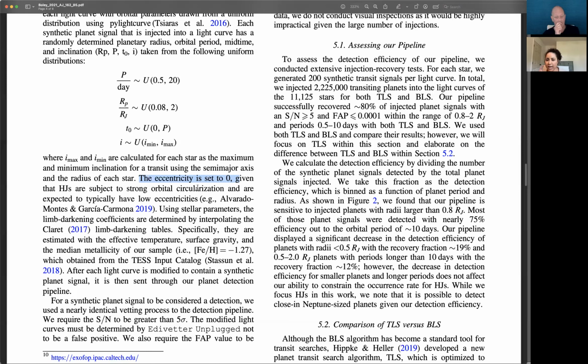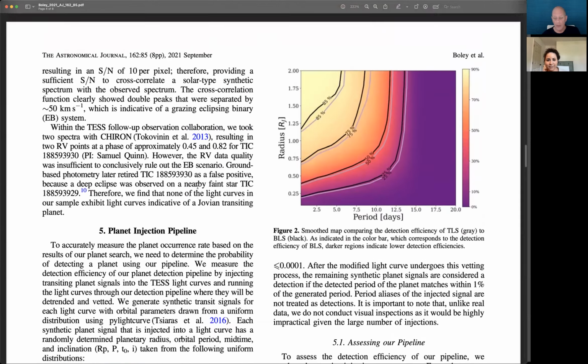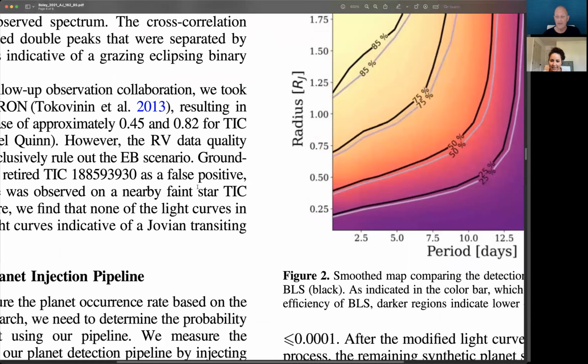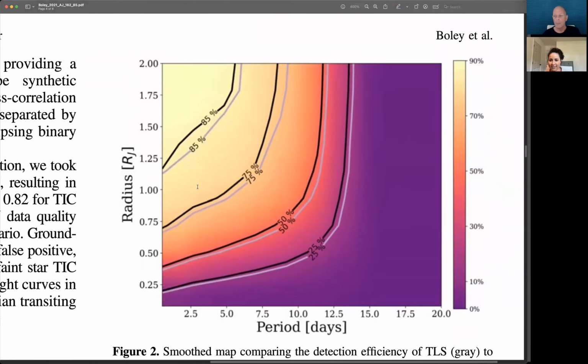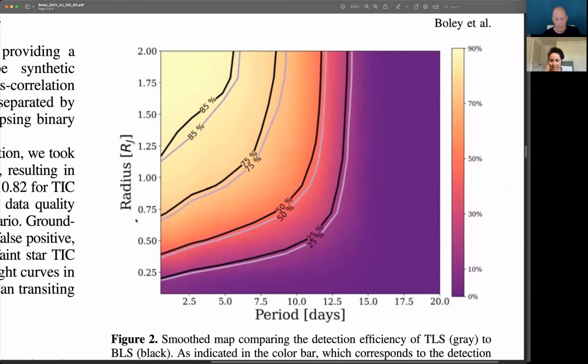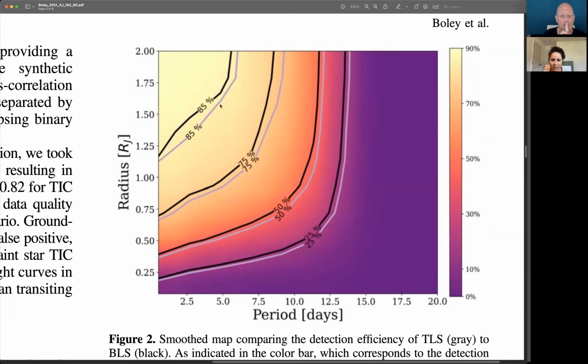If you look at the next figure, figure 2, here's our detection efficiency. And actually at this point, we're able to compare how TLS and BLS do for halo stars, specifically for metal poor stars. And our detection efficiency was actually pretty good.